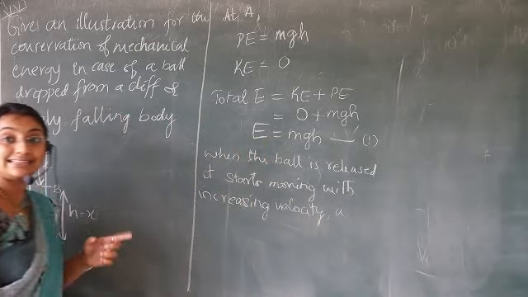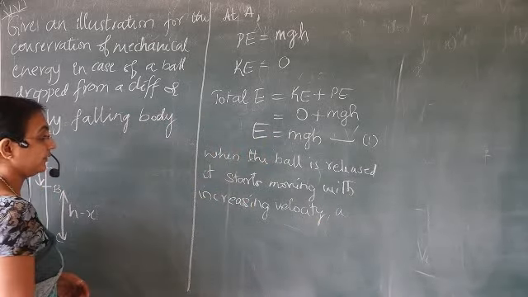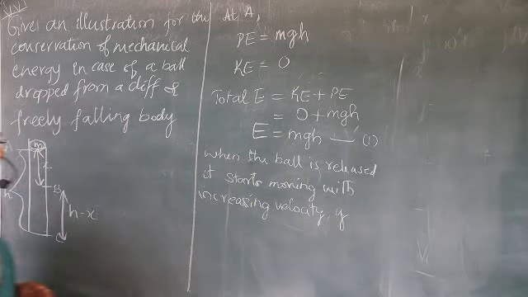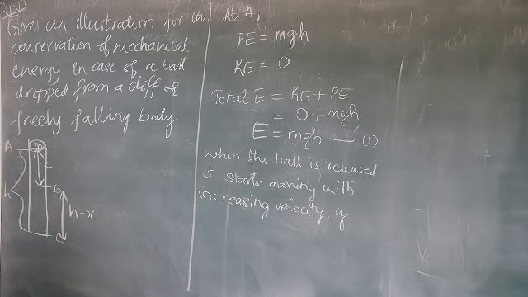You write down acceleration a, that is a is equal to g, because of acceleration due to gravity.